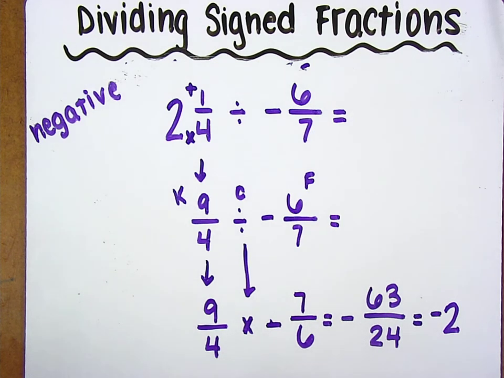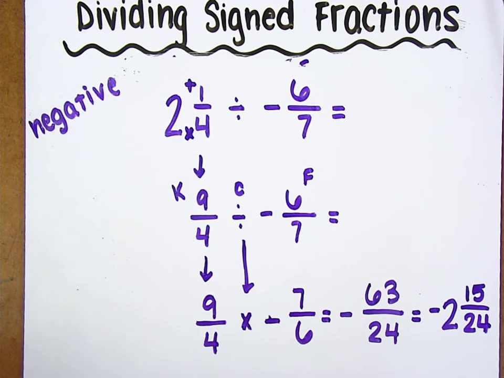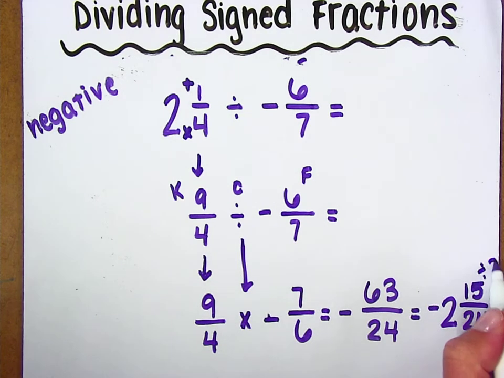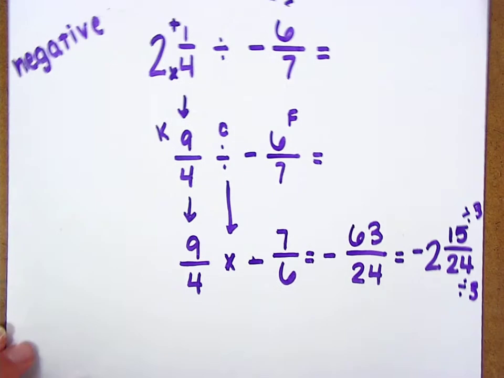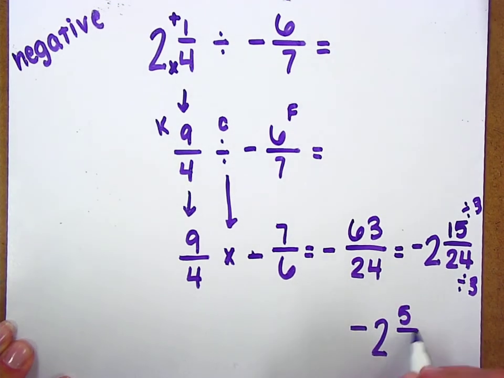So I have to figure out what's left over. So 63 minus 48 is 15, and our denominator stays the same. Not quite finished yet. I know I can still simplify -2 and 15/24 because I can divide both 15 and 24 by 3. So my final answer is -2 and 5/8.